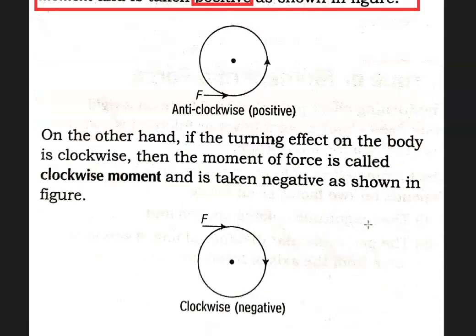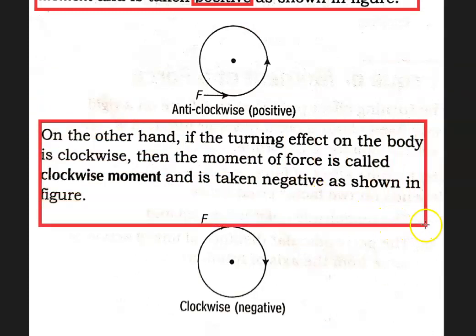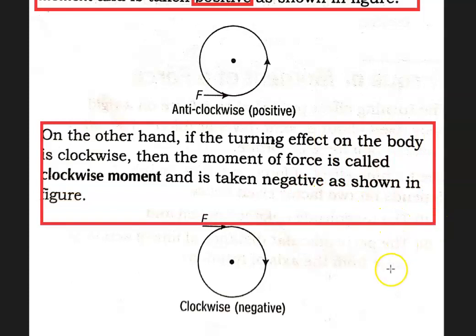On the other hand, if the turning effect on the body is clockwise, then the moment of force is called clockwise moment and is taken to be negative. We should remember clockwise moment of force is negative. You can look into both the diagrams.